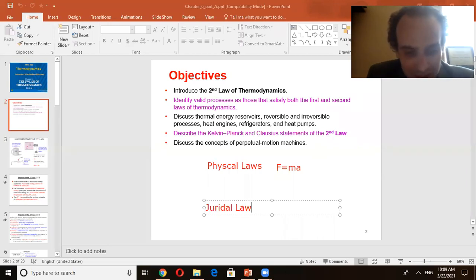What are juridical laws? Starting from, let's say, religious books like the Bible or the Quran, and ending with the Constitution or the Criminal Code, what do they tell you? Don't kill, don't steal, don't rob, don't cheat your partner, your spouse, or your country, don't hit somebody, don't abuse, don't discriminate, don't harass. Right?